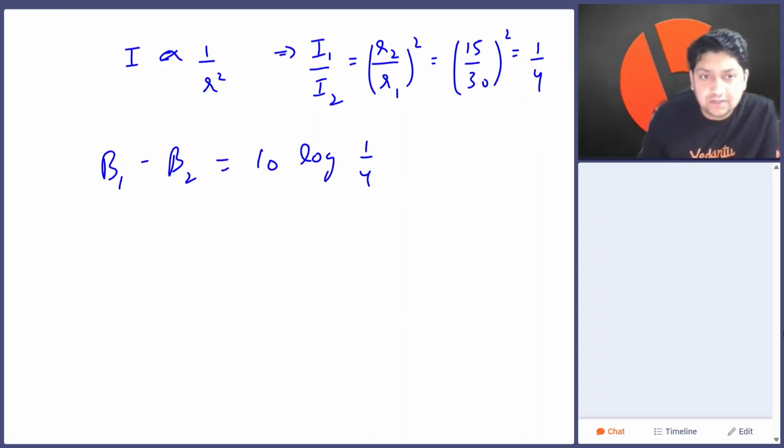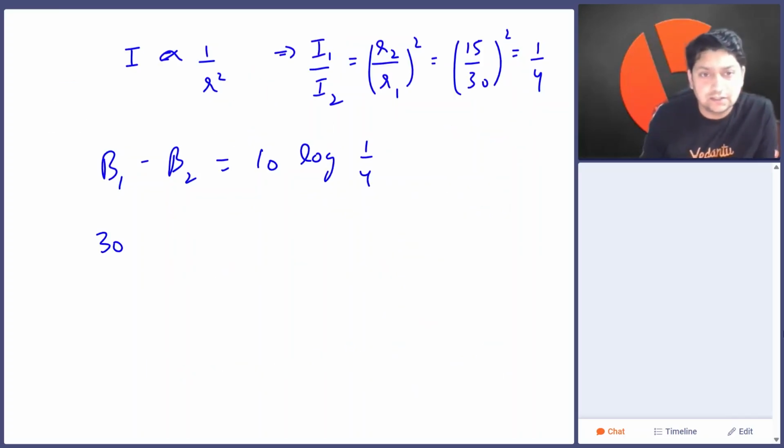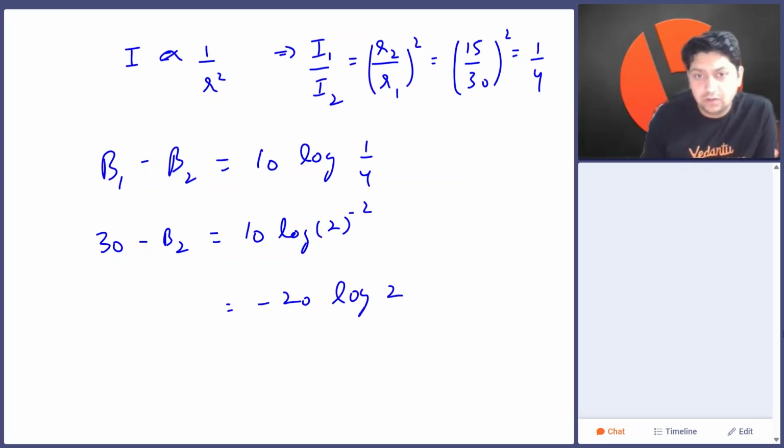And we know the intensity level for first case is 30 decibels. Yes, it is 30 decibels minus b2, we need to figure out 10 log 2 raised to power minus 2. So it can be written as minus, this power is taken out, 20 log 2. 30 minus b2, and b2 we need to figure out. So b2 is coming out to be equal to 30 plus 20 log 2.